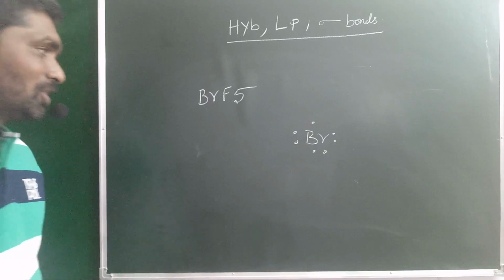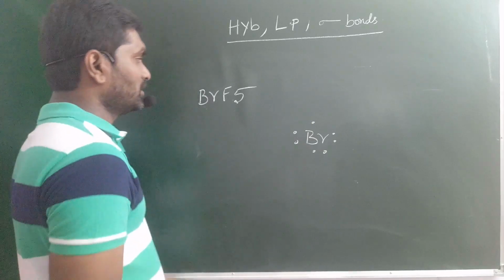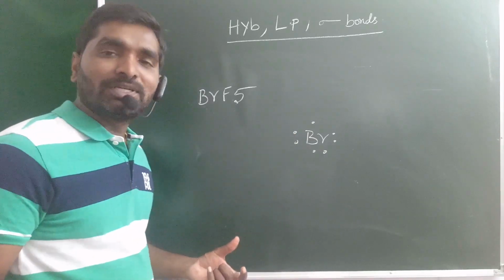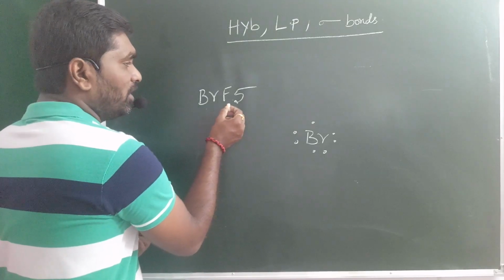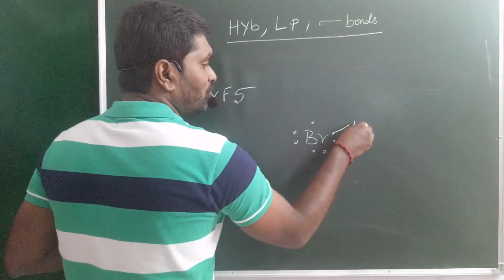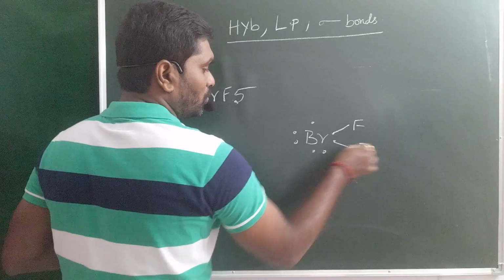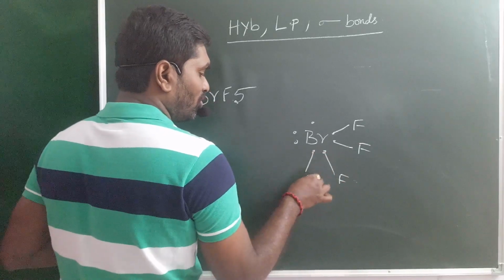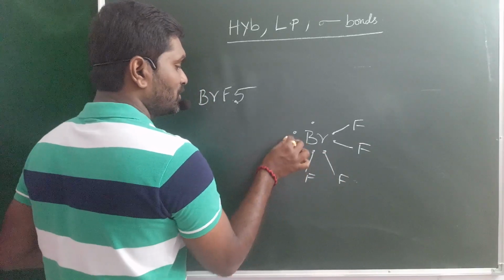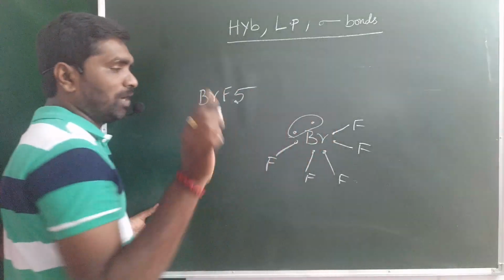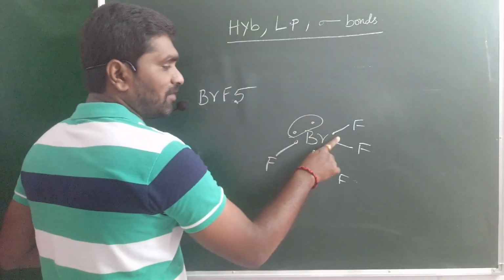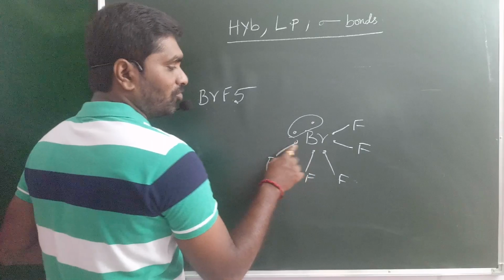BrF5. Okay, next one guys, there is no charge. The 5 surrounding atoms should form 5 sigma bonds: 1, 2, 3, 4, 5. Look at this one. 2 electrons, 1 lone pair. So the total number of sigma bonds is 1, 2, 3, 4, 5.